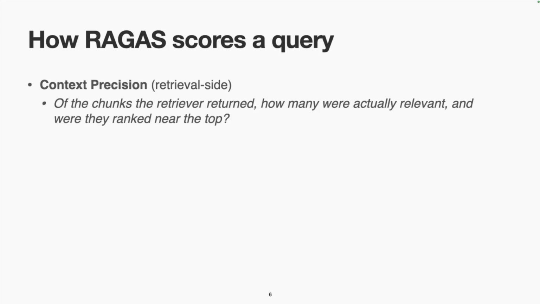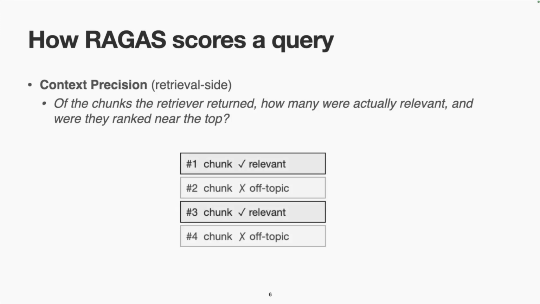One famous metric is context precision, which checks whether our retrieved chunks, for example if the top K is 4, then we have 4 retrieved chunks, and checks which chunk was really relevant to the final answer. That's how context precision is computed.